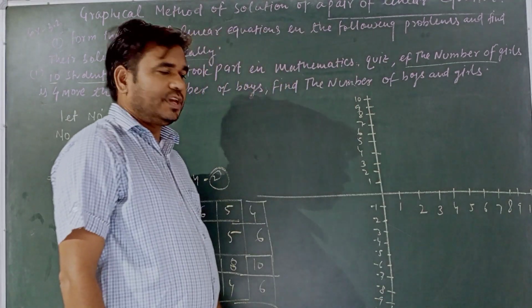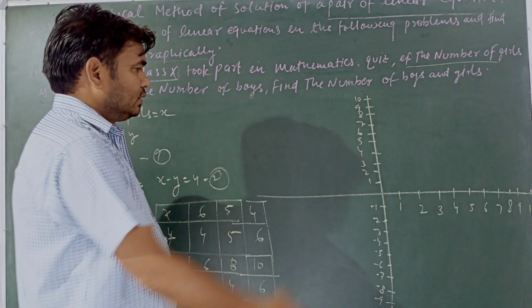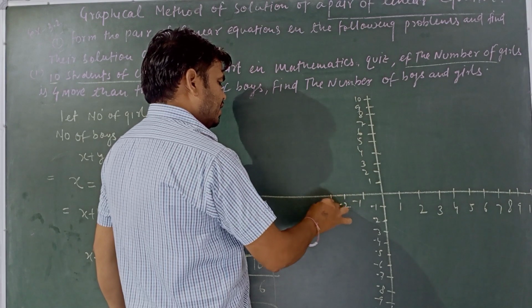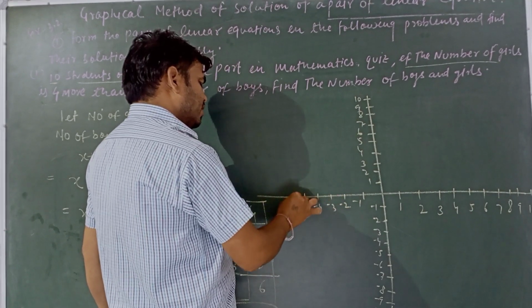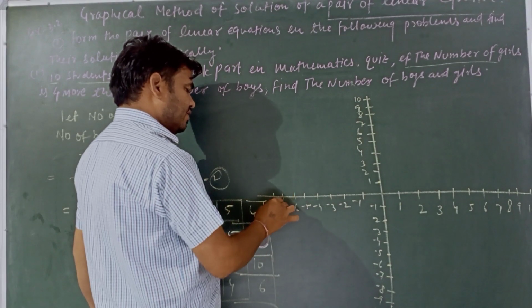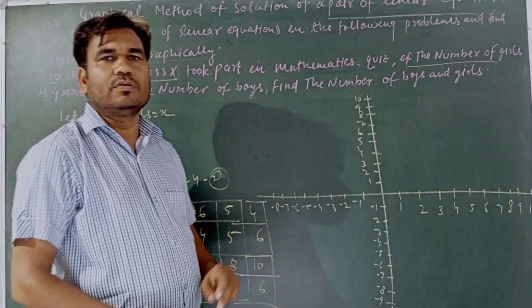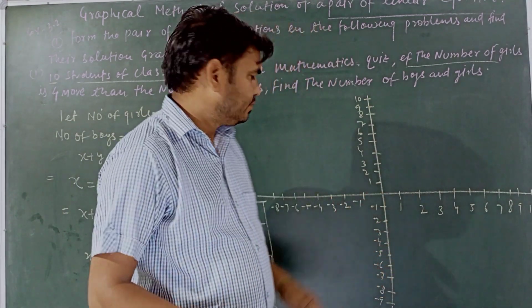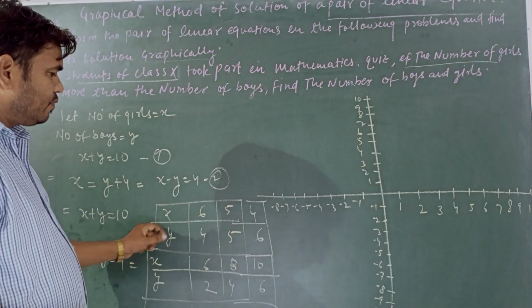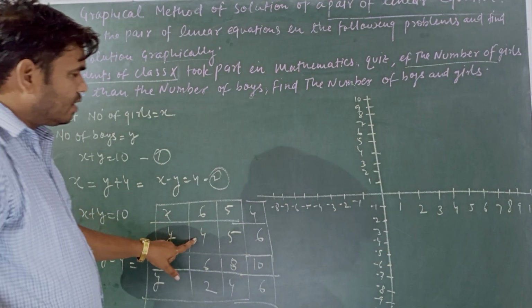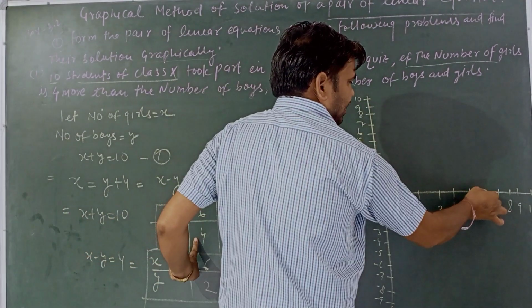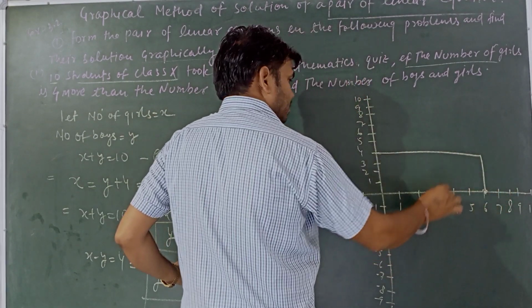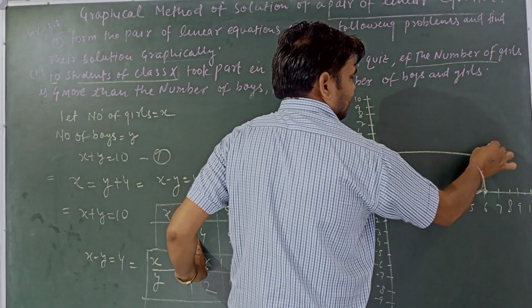You can put the values on the x and y axes the same way and make a graph. For the first equation we put x equal to 6 and y equal to 4, which is the first point, 6 and 4.